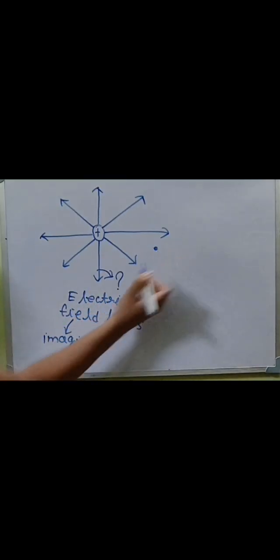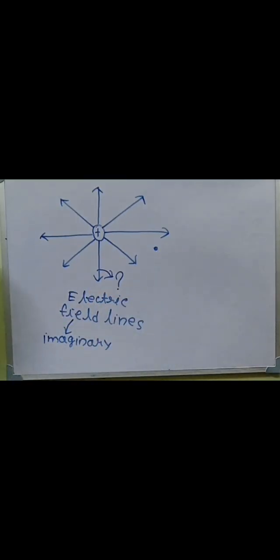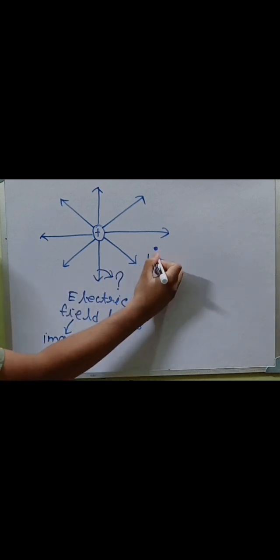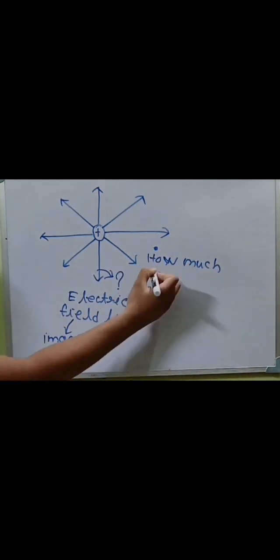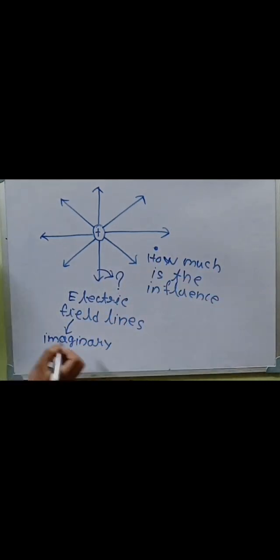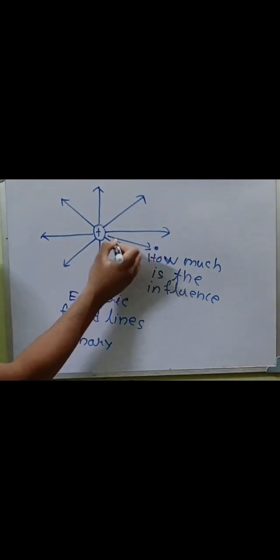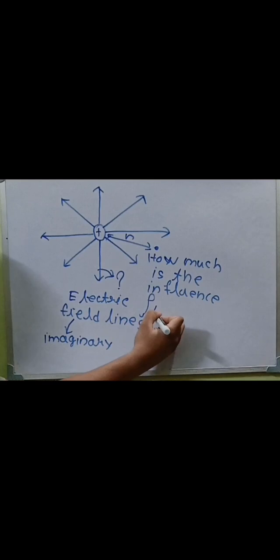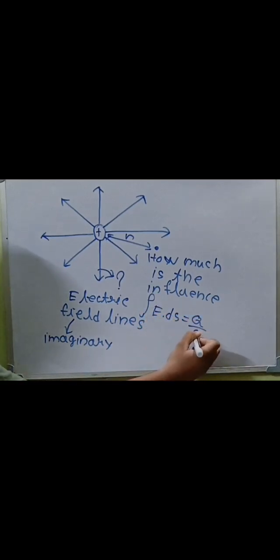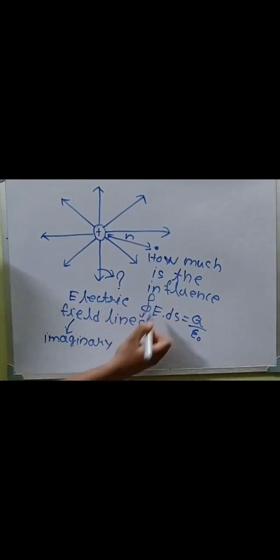This is important because if we want to determine the electric field intensity, or measure how much influence there is at a point in space at some distance from a charge system, then we have to visualize how the electric field is distributed over space, and for that we use electric field lines.